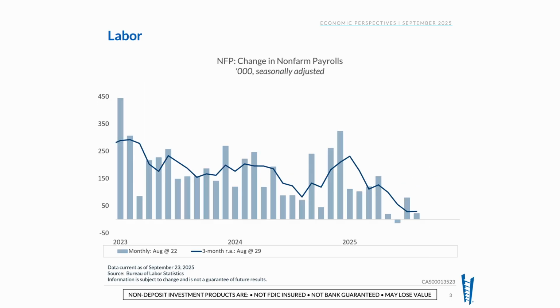But in a separate survey, which measures the net monthly change in non-farm payrolls, it is showing near stagnant growth. The columns in this chart show the monthly change, which tends to be volatile. So the dark blue line is a 3-month moving average, which smooths out the data. It is quite clear there is a slowdown in hiring. In the past 3 months, payroll growth has averaged just 29,000 per month.